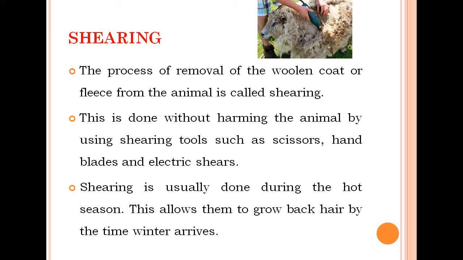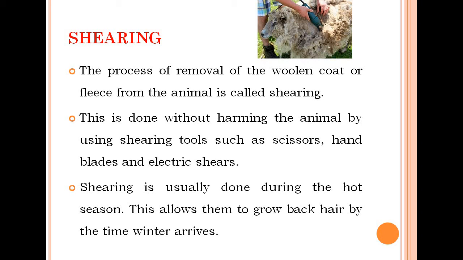Now, shearing is usually done during the hot season, means in the summer season. What is the reason? The reason is that we all know the woolen coat or the fleece is an adaptation of the sheep to provide them warmth in cold climate.